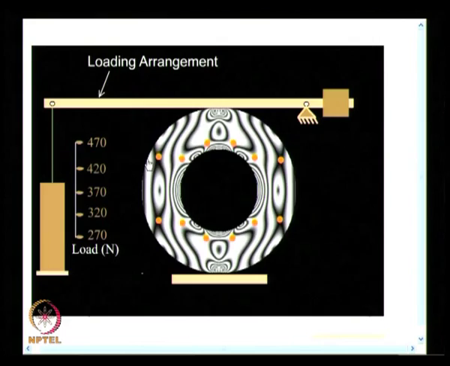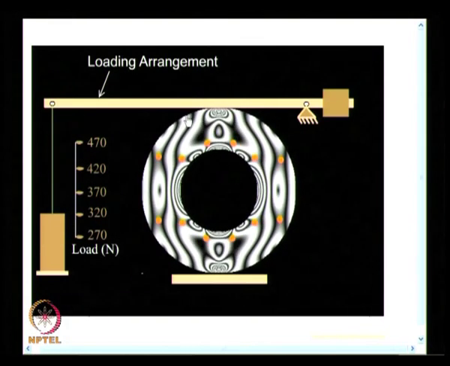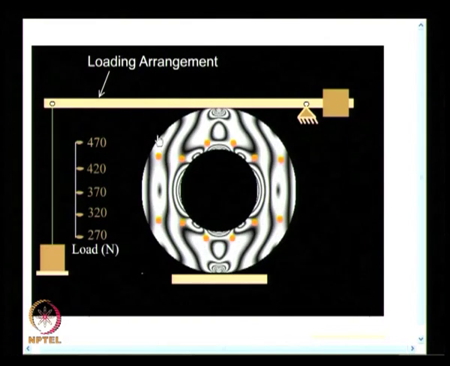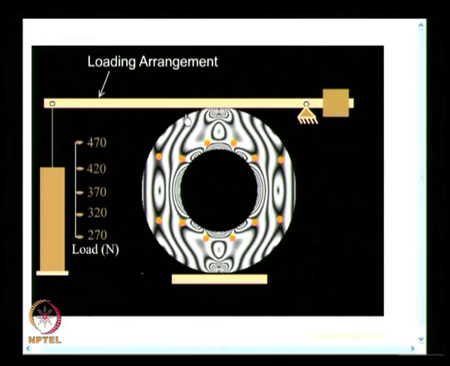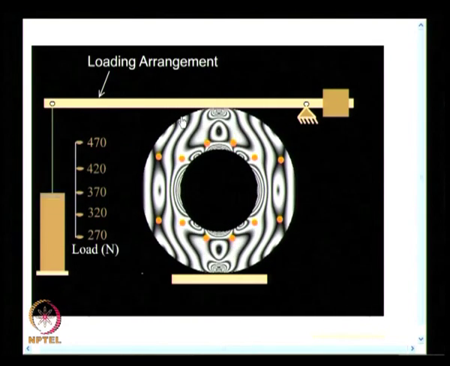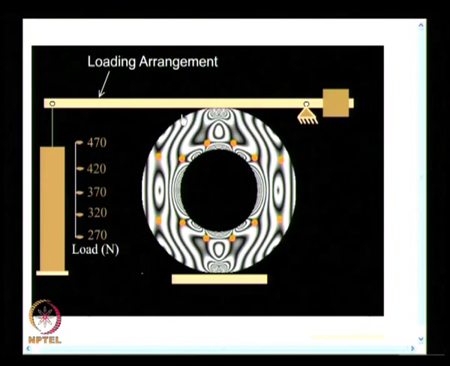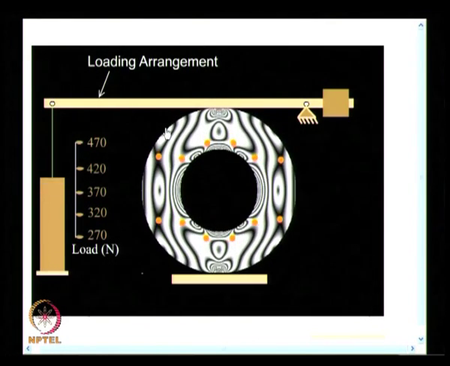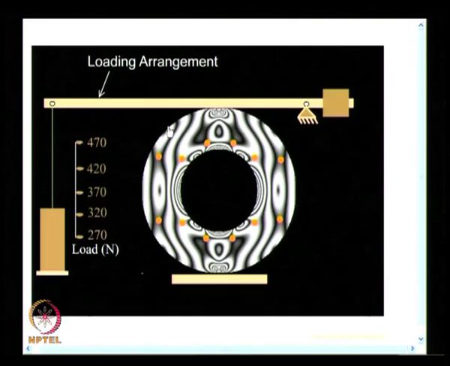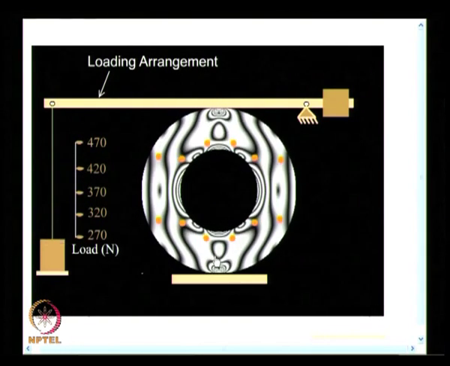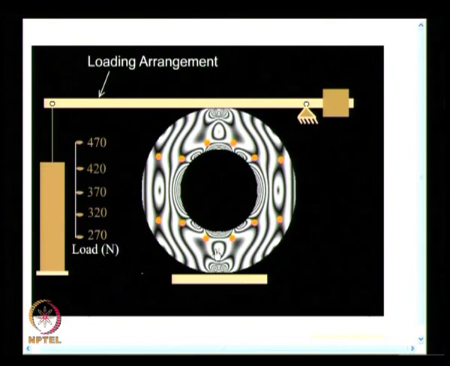Whenever I cross the fringe order 0, the sign of the boundary stresses changes on the boundary. You have to understand that. When I cross 0, I can cross only when there is a sign change, and you have 2 sinks in the ring under diametral compression.